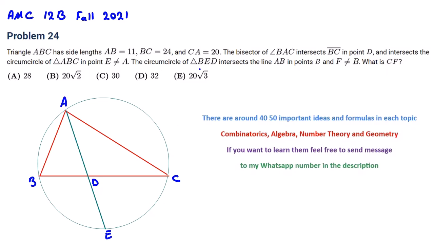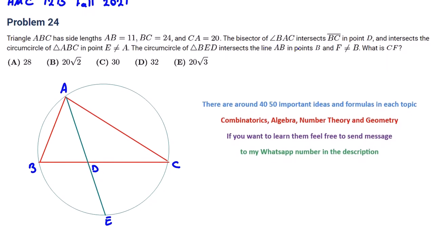The circumcircle of BDE intersects the line AB in points B and F. Okay, so if we draw the circumcircle of BDE, let's move it, a bit smaller, now it's larger than this, a bit larger again.